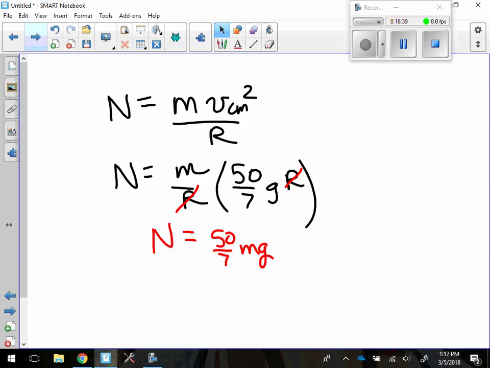We got it? It kind of makes sense in that what are the units of normal force supposed to be? Newtons. And what will the units of mg be? Newtons. Okay, so at least we know that we've got our units going in the right direction.